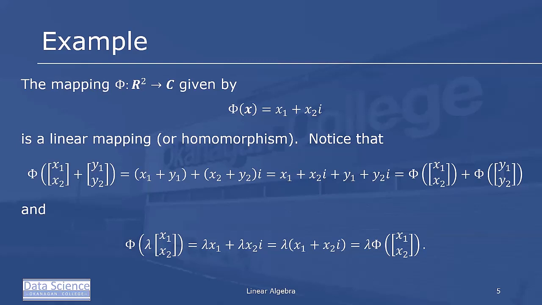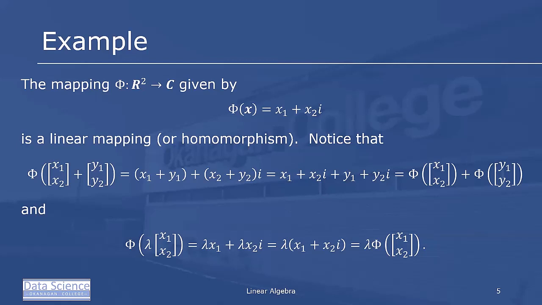Here we notice that if we take two vectors, (x1, x2) and (y1, y2), phi of (x1, x2) plus (y1, y2) is equal to x1 plus y1 plus x2 i plus y2 i, and that's equal to x1 plus x2 i plus y1 plus y2 i, which is phi of (x1, x2) plus phi of (y1, y2).